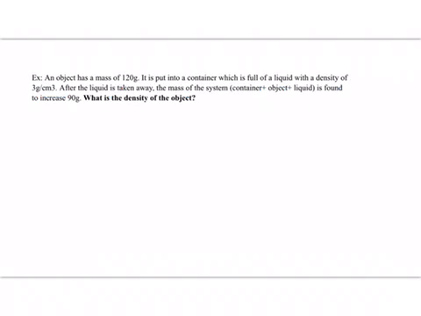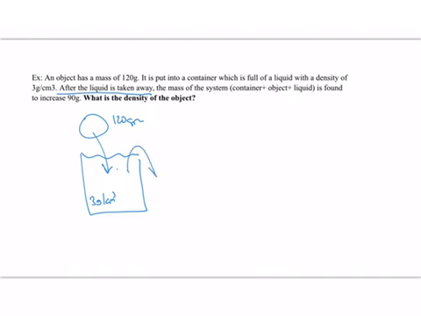An object with a mass of 120 gram is put into a container full of a liquid with a density of 3 gram per centimeter cube. After the overflown liquid is taken away, the total increase in mass becomes 90 gram.